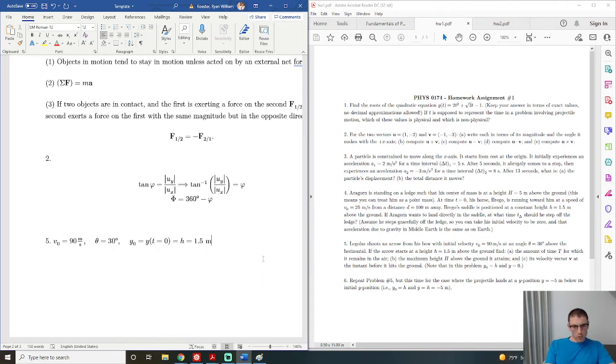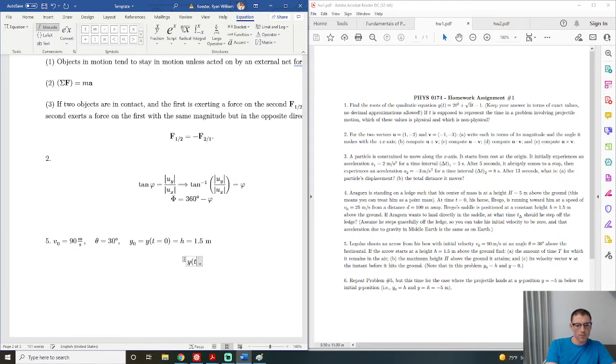So remember what I said, I've said this a few times now. If you're totally clueless about where to start with a two-dimensional kinematics or projectile motion problem specifically, it's a good idea to just write this equation down. y of t, this is just the general form, is y naught plus v initial y t minus 1/2 g t squared.